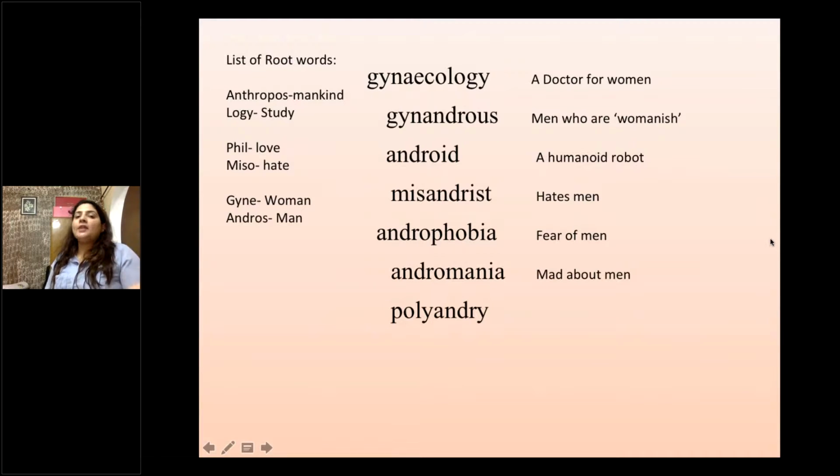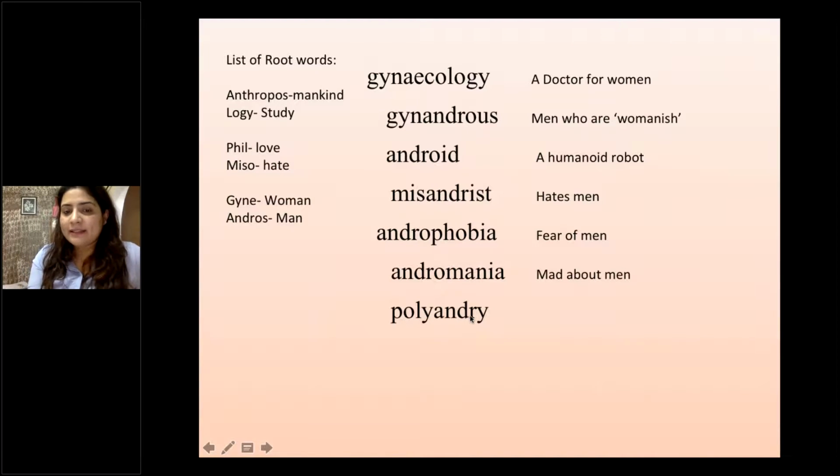That's called polyandry. Absolutely correct, Prableen. Practice of women having multiple men. When I say having, don't say having multiple men, but a lot of multiple men relationships. Relationships is the word. Okay. So this is polyandry.